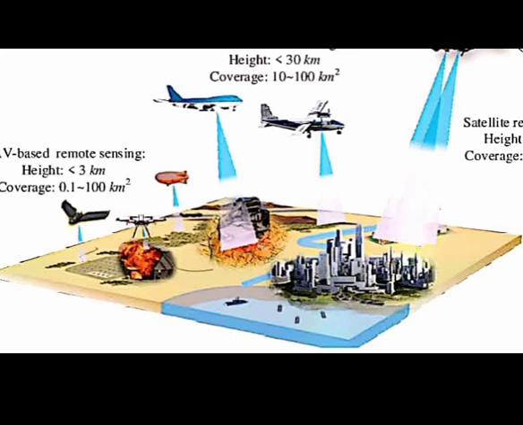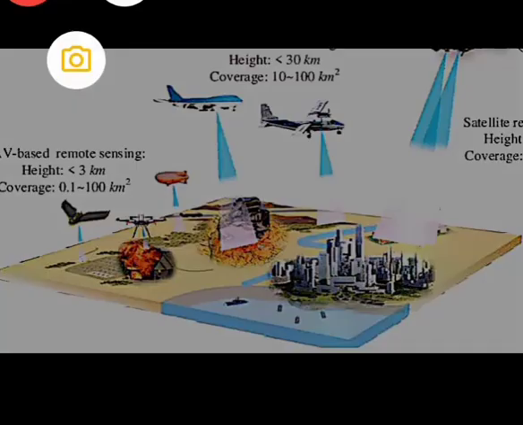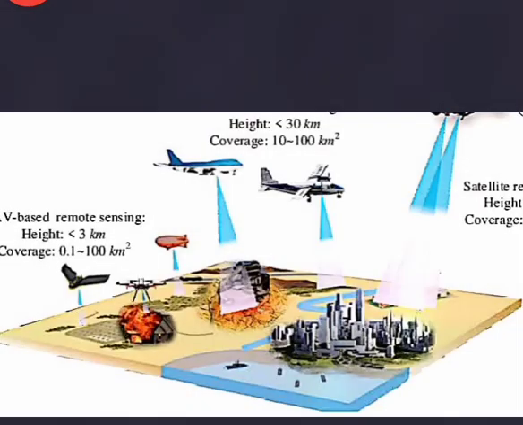Now here you can see first you'll be having the UAV, unmanned aerial vehicle, that I'll show you here. It can cover an area of 0.1 square kilometer to 100 square kilometers, with a height of less than 3 kilometer.